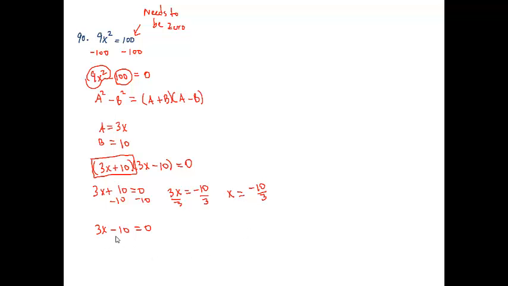And of course solve the second equation. Add 10 to both sides, and you get 3x equals 10, divide by 3, and you have x equals 10 over 3. And again, you have two answers. You may take either answer, plug it back into the original problem, and when you plug it back in, plug it only into the left side and verify that you get the right side.